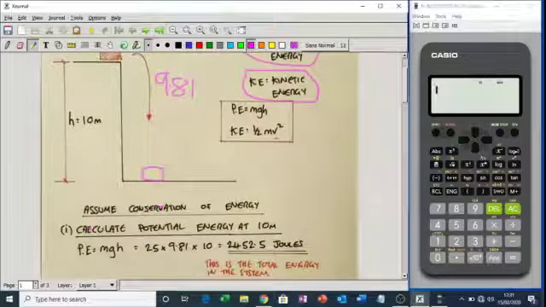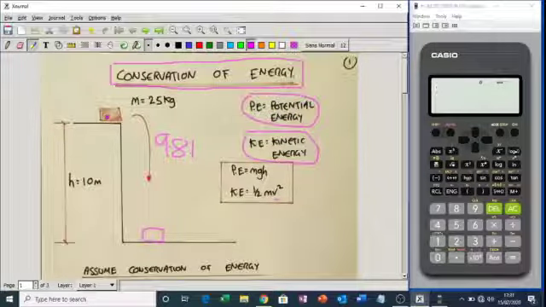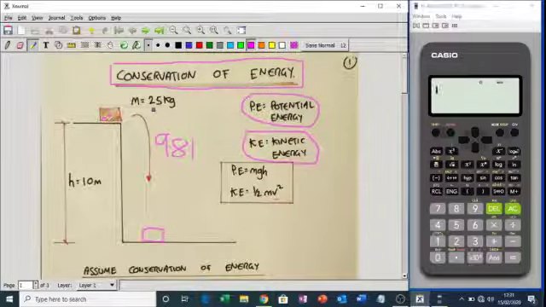So at this point here, what is this object's potential energy? 25 kilograms of mass, 10 meters high, and gravity is 9.81.